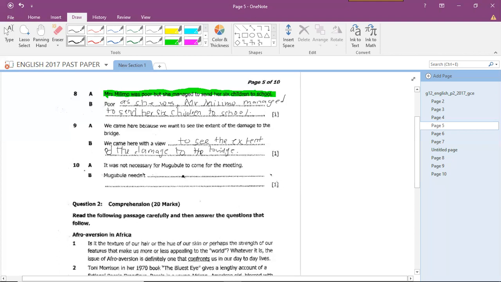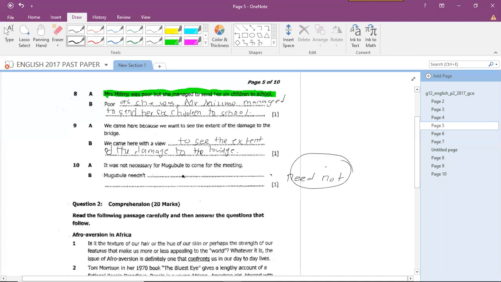Then question 10, it was not necessary for Mugubule. I'm sorry, these Zambian names, they're very hard to pronounce. It was not necessary for Mugubule to come for the meeting. Mugubule needed not, needed not, funny. So here is a need not.